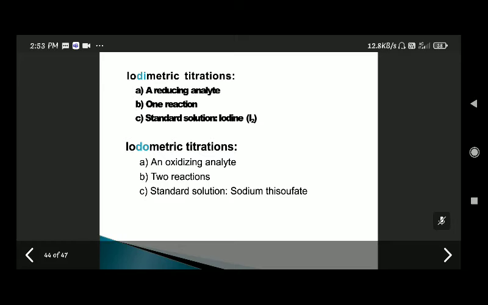Since you are preparing normal solutions, you must know the equivalent weights of these oxidizing and reducing agents that you are using. In calculations, this will help you. For sodium carbonate, you know how to find out the equivalent weight.